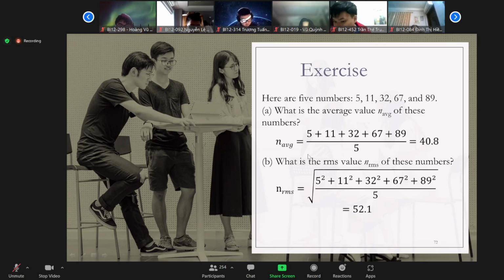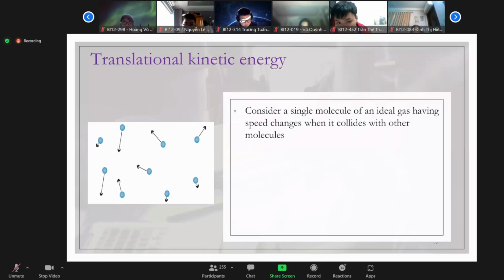Here we have 5 values, we divide by 5. But the root mean square value is different. We have to square each value, so we divide by the number of values, and then we take the root. And it will give us this one. Okay, the difference between the average value and the root mean square value.